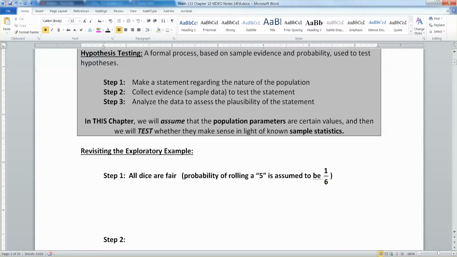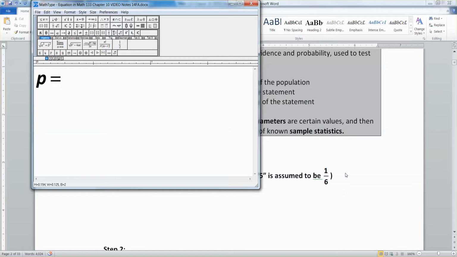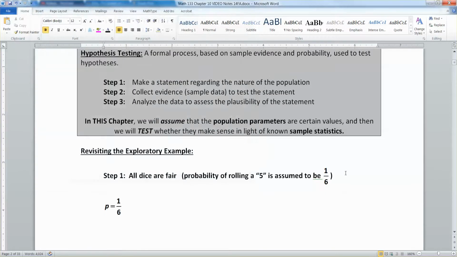All right. Then step 2. Oh, by the way, let me just say on another note real quick. You could say that P equals, if you want to do this with symbols, 1/6. That would be another way to put it. Okay, so that was what we assumed.